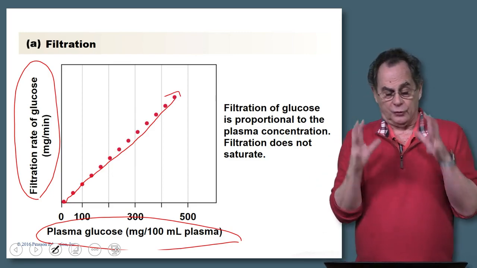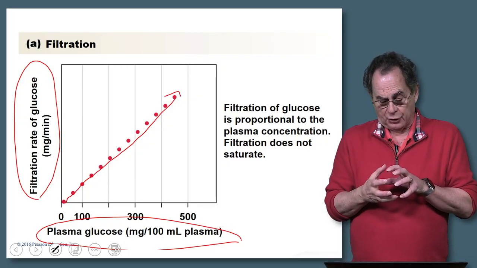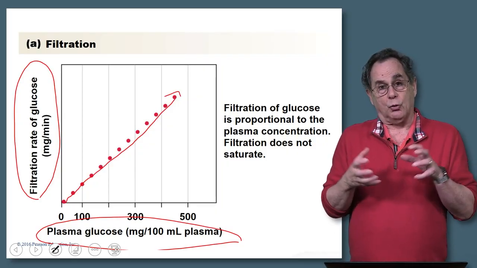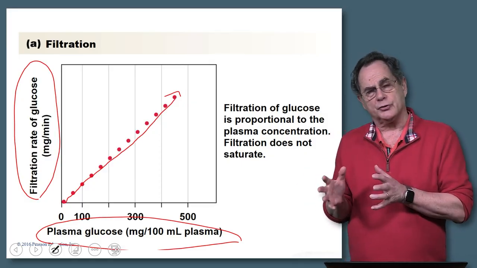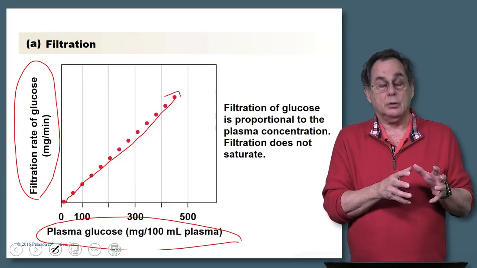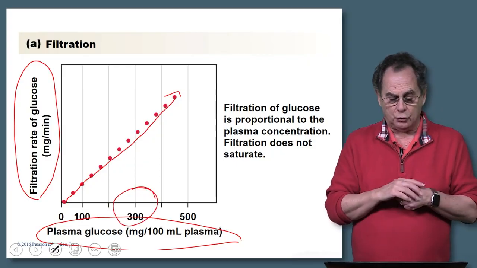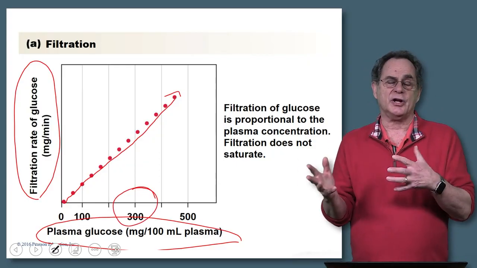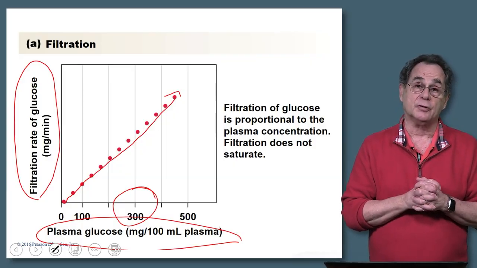Why? Because if you and I are sitting in the lumen of a glomerular capillary, the small solute glucose concentration rises. As ultrafiltration occurs, the glucose will be pulled into Bowman's space. And so you and I will be sitting in the capillary and we'll say, gee, the concentration of glucose in the plasma is up, and then we'd be sitting in Bowman's space and we'd say, oh yeah, the concentration of glucose is up.